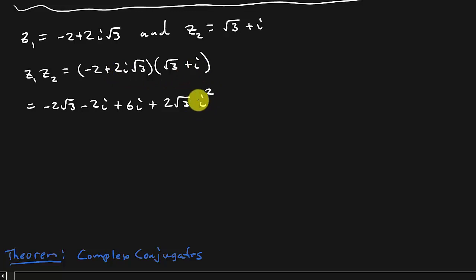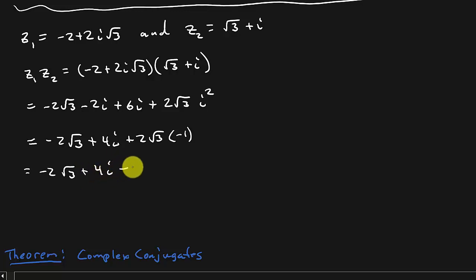Now remember, let's just write it all out. That's going to be negative 2i plus 6i, and then plus 2 square root of 3 and i squared, remember, that's negative 1. And so this is going to be negative 2 square root of 3 plus 4i minus 2 square root of 3.